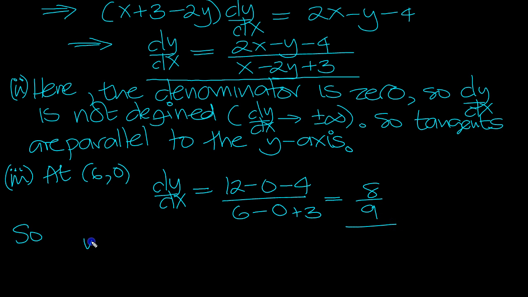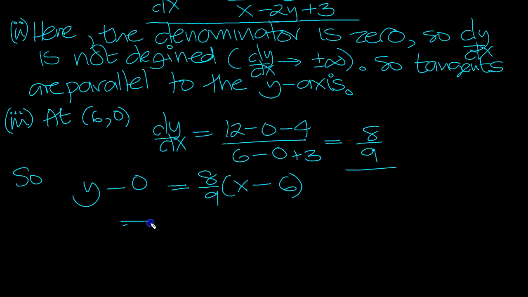So, the gradient then, y minus 0 is equal to the tangential gradient, 8/9, of x minus the value 6. y minus 0 is just y. Move the 9 up to be with the y. 9y is equal to, so the 9's gone up and we expand the bracket, 8x minus the 48, 6 8s are 48.